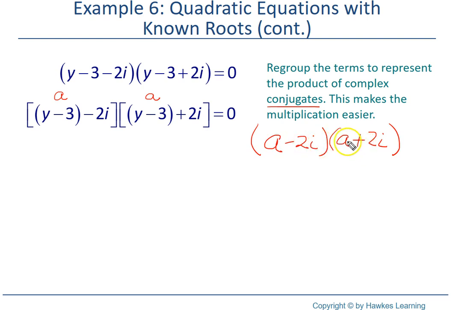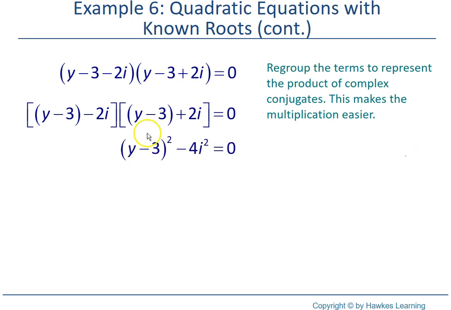Now when we multiply conjugates, this just becomes A squared, and this becomes a negative 4 i squared. But let's look at what the book is showing us here. There's your square, and there's your square. So this is like the difference of perfect squares here.